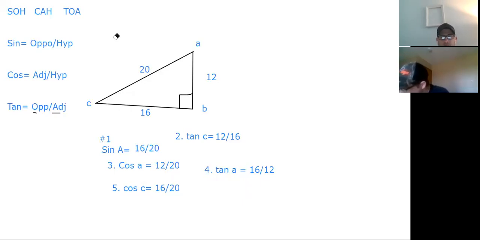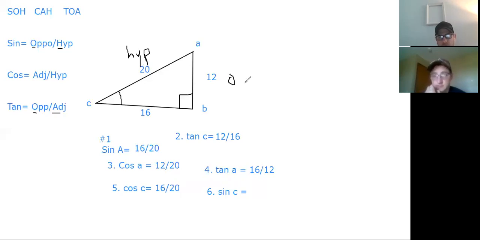Okay. Number 6. Sine of C equals. So once again, I'm going to identify my angle, C. Sine is opposite over hypotenuse. This is hypotenuse because it's always the biggest, right? If I swim across from C, this is my opposite.